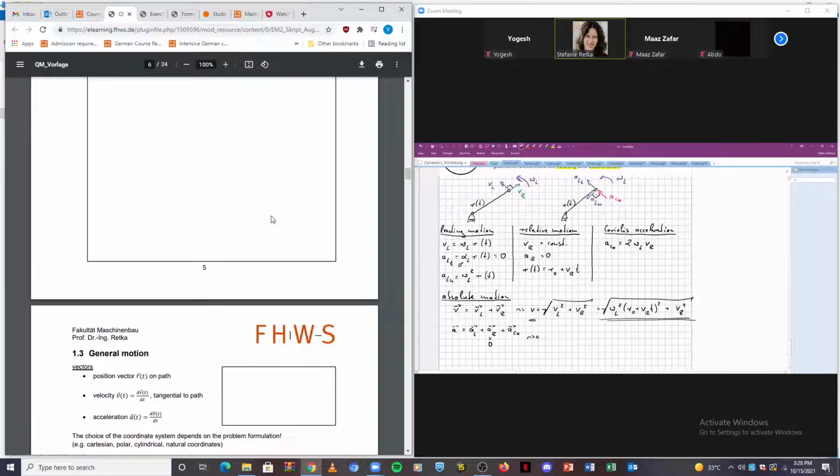Then A is equal to the square root of ALN squared plus A Coriolis squared, and that's omega L to the power of 4 times R0 plus VRT squared, plus 2 omega L VR squared.